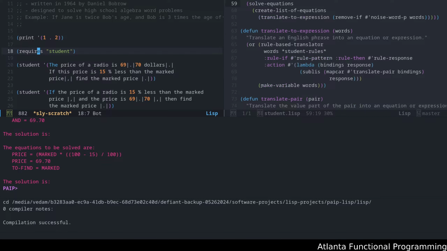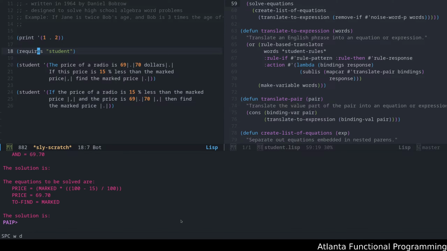So we start with translate to expression, and please note that what translate to expression is actually getting is the word problem without the stop words. So let's ignore this rewording for a minute.